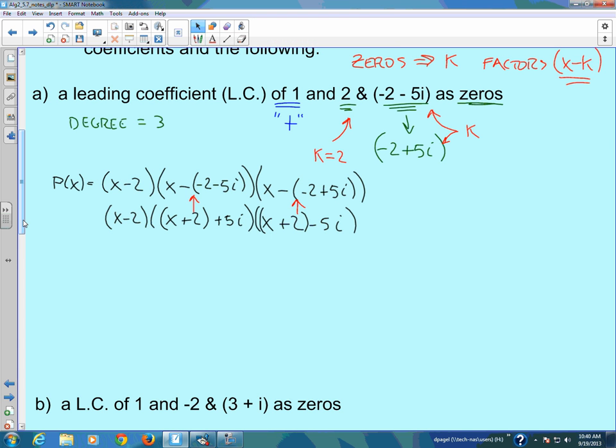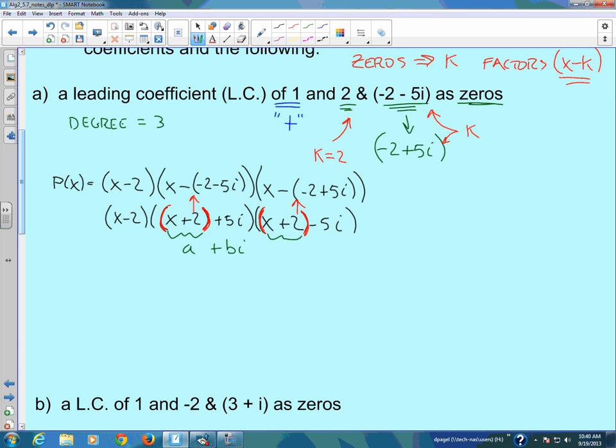And this is the part that I want us to recognize, this component, the x plus 2 part. If I look at this x plus 2 quantity plus 5i, the x plus 2 is like the a part, and here's the bi part.